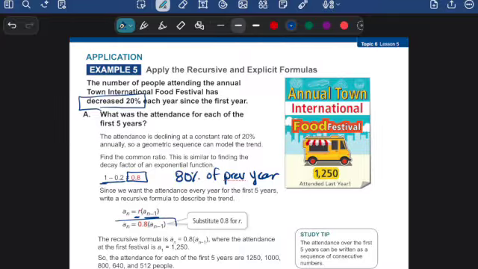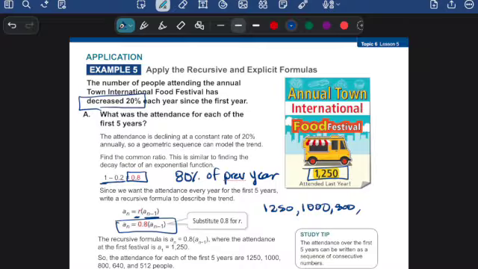So here's our recursive formula. And if we know the previous term, well, we do. They gave us the previous year. So our n minus 1 term is 1250. We could do 80% of 1250 and we'd get 1,000. Then 80% of 1,000 and we'd get 800.